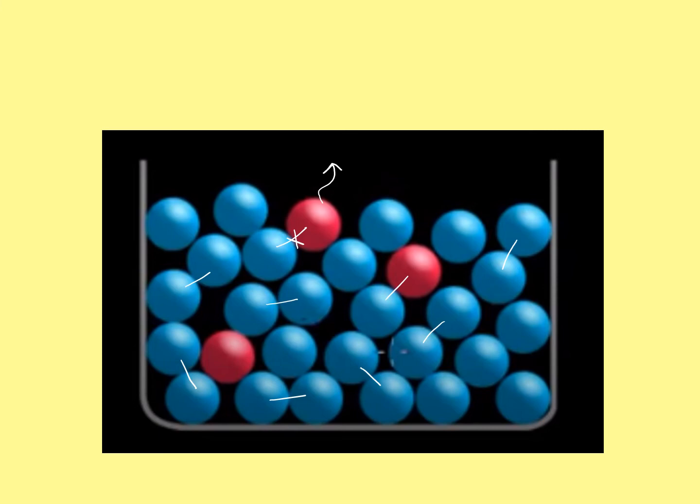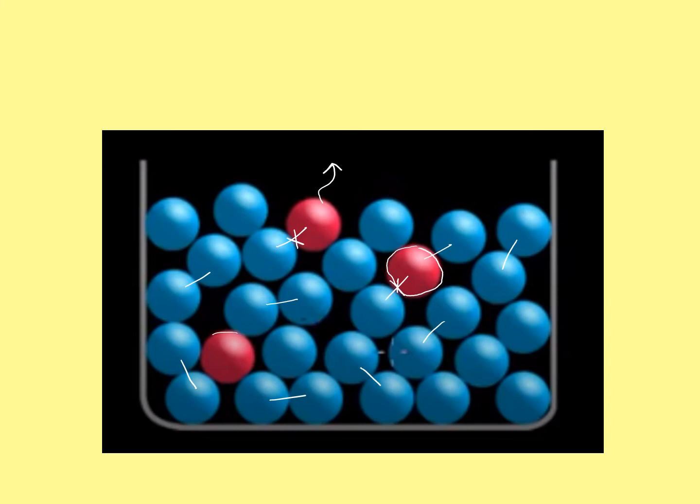Now, like I said, these particles have ranges of speed. Some are going slow, some are going fast. This one down here, also in red, is going really fast, but it's not at the surface. So it might break its bond with this one because it has lots of energy, but it might then collide with this one here and make a bond. The same with this one down here that's also red.